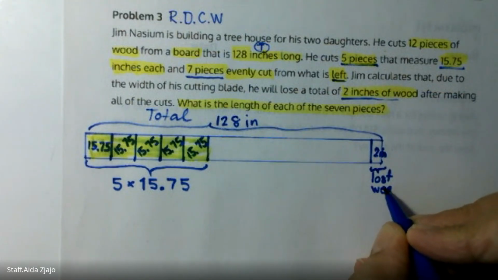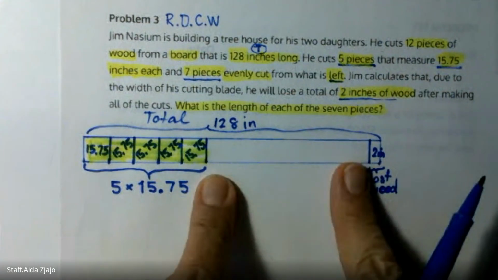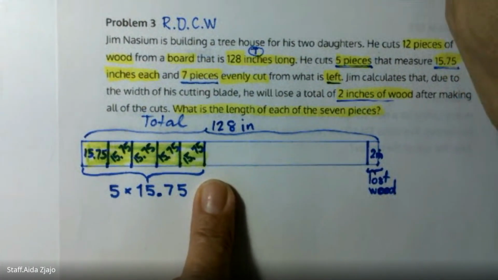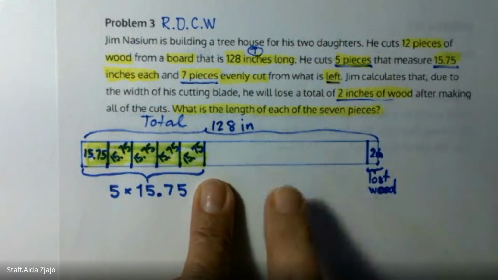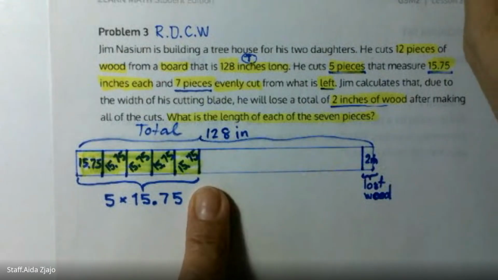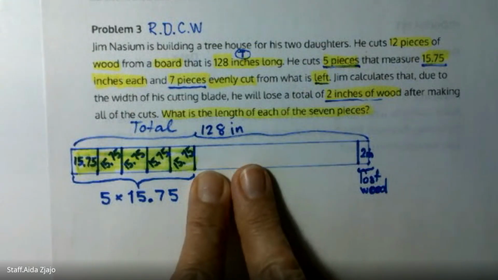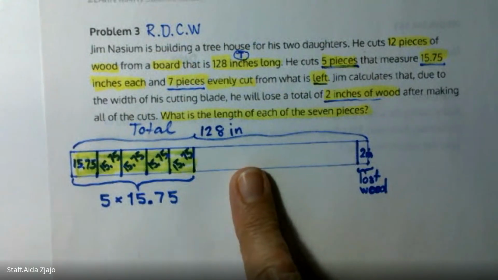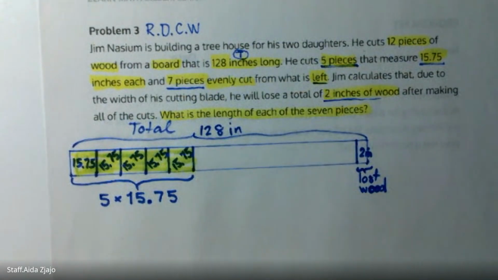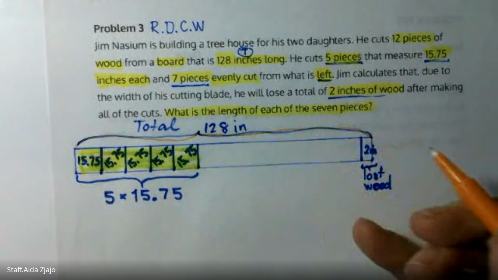So this is the part that he will need to cut into 7 equal pieces. But we don't know how much that is, and also we don't know how long each piece will be. But the good thing is we know the total is this whole piece.